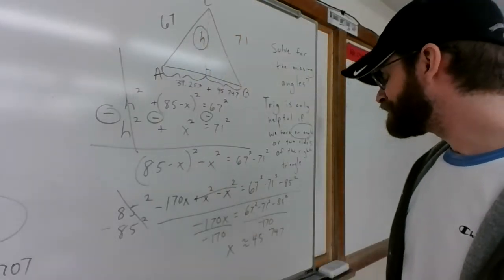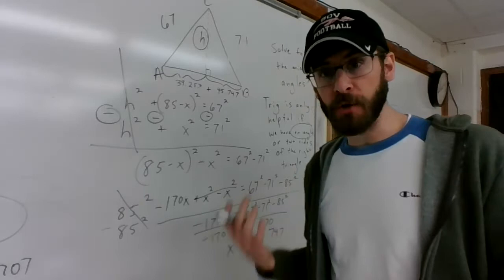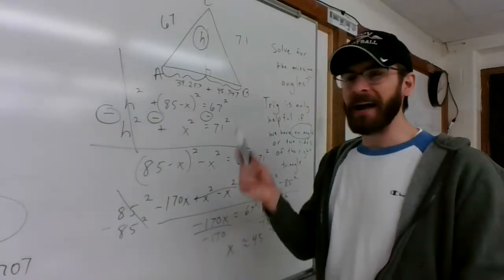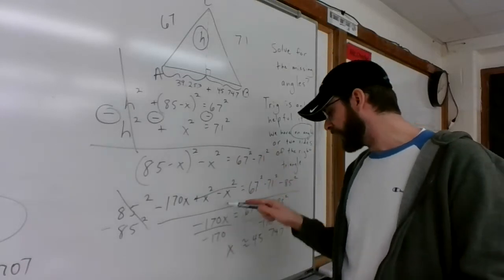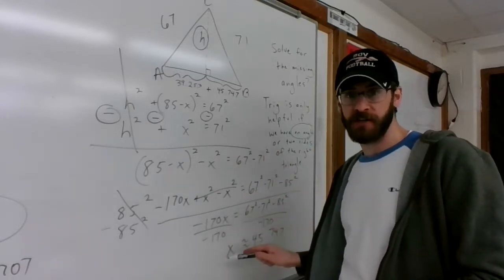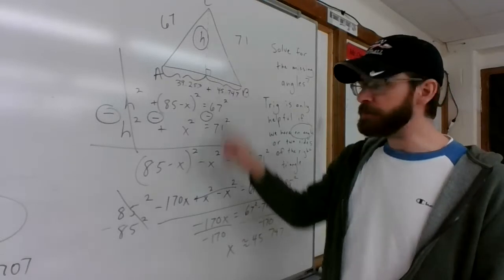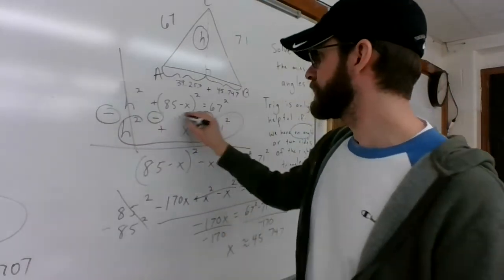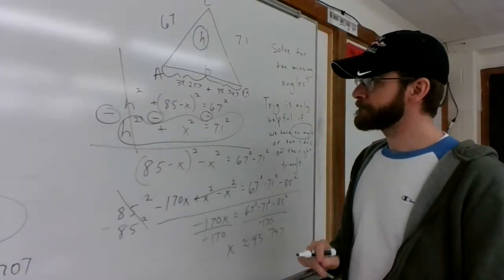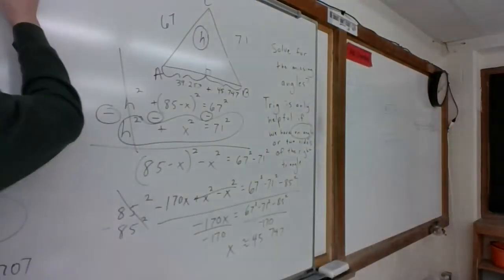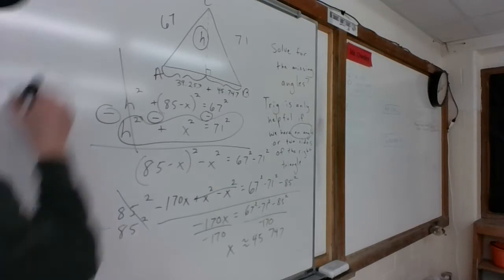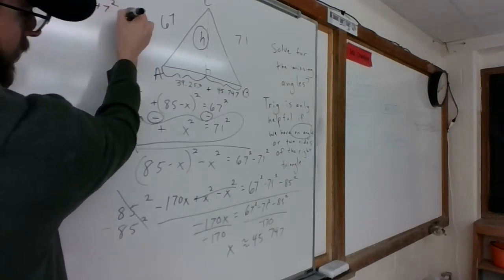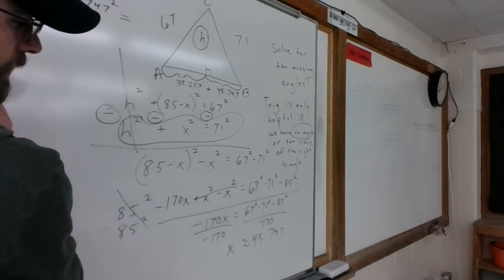But here's the thing. It would have been easiest to get x by itself anyway. So my thinking is you probably would have wanted to find the x first so that the h could be easier to solve for. So what I mean is, here's an equation for h. If I have x, where is it?